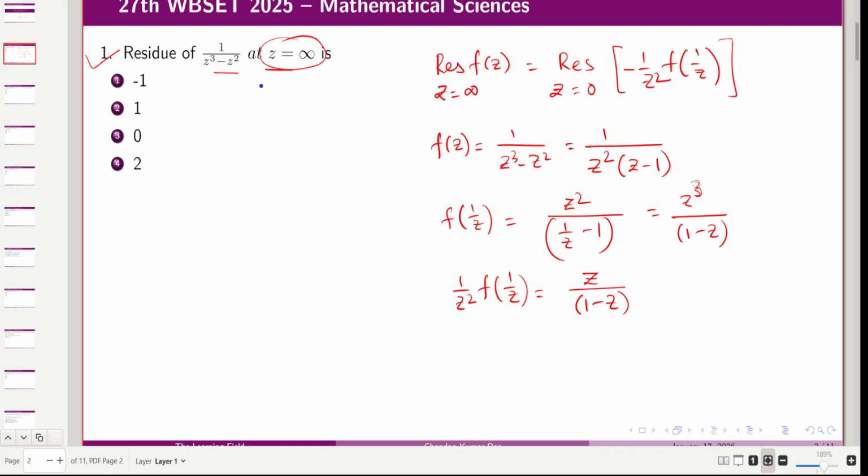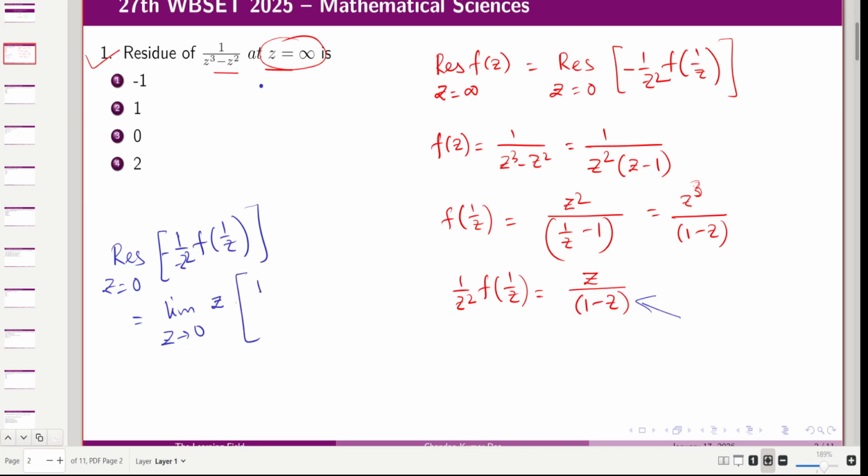Now the residue at z equal to 0 of minus 1 by z square, f of 1 by z. What is the pole of this at 0? Sorry, this is a limit, limit z tends to 0 of z into minus 1 upon minus z by 1 minus z, I think this one.